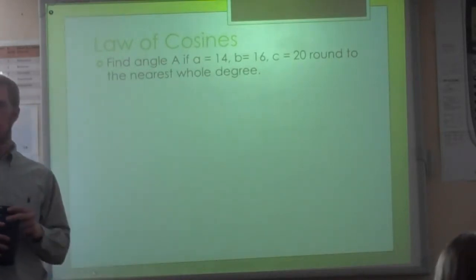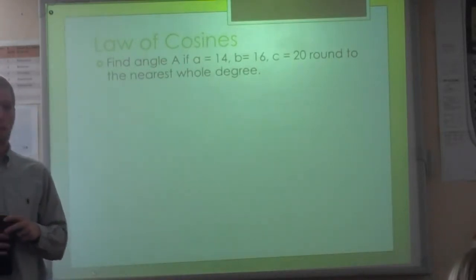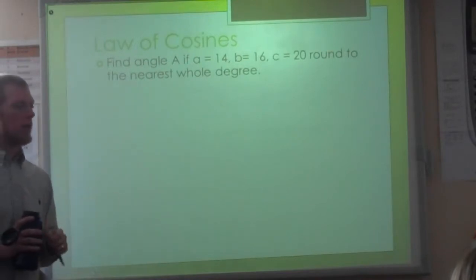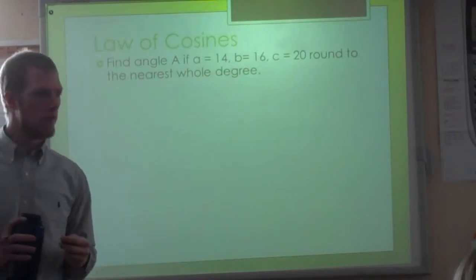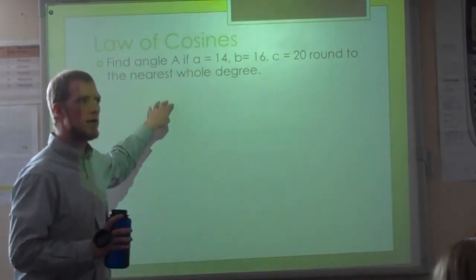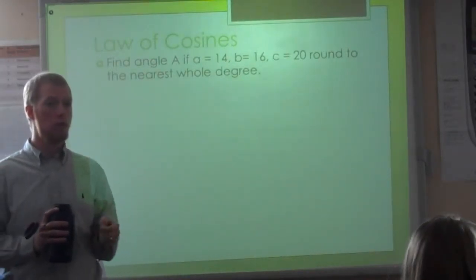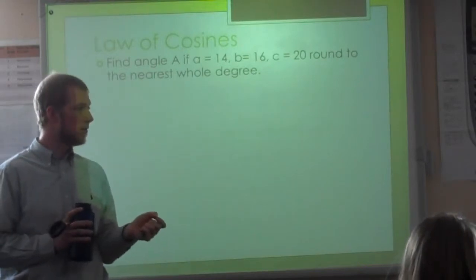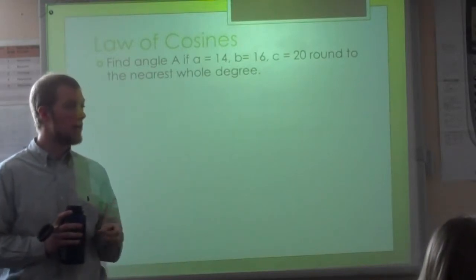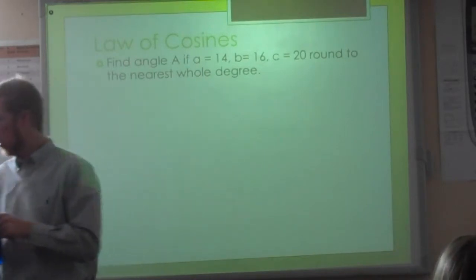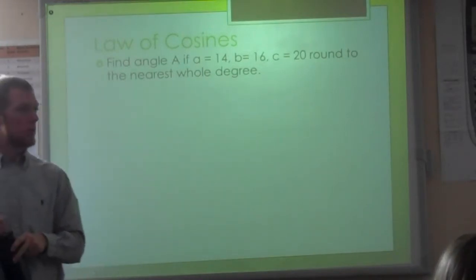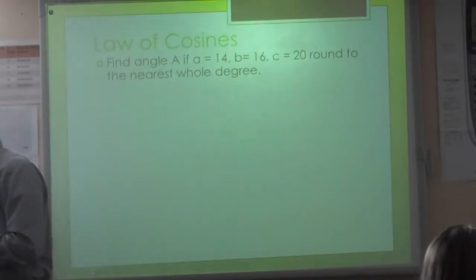It says round to the nearest whole degree. Remembering that if I didn't put the decimals that I wanted, our default thinking with degrees is always whole degree, right? Our default thinking with side length is always how many decimals? 3. Good. And then we have to pay attention to the directions to make an adjustment if we need to.